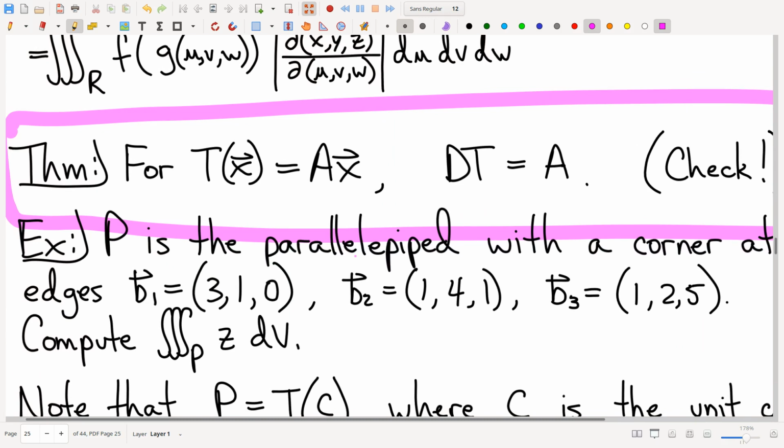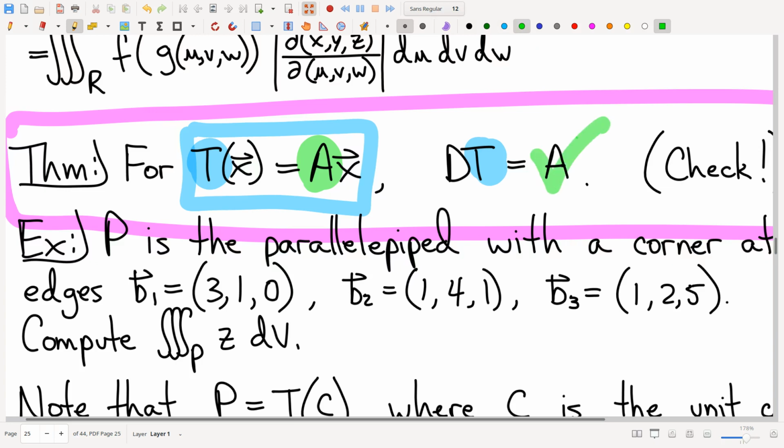The theorem says that if you have a matrix that you use to define a linear transformation, T, and then if you take the derivative of that linear transformation, the derivative matrix will be the same original matrix. That's kind of convenient how that works out. Easy to prove. I'm going to suggest you only prove this in 2 dimensions because you'll notice the pattern. It's pretty clear what's going on here.